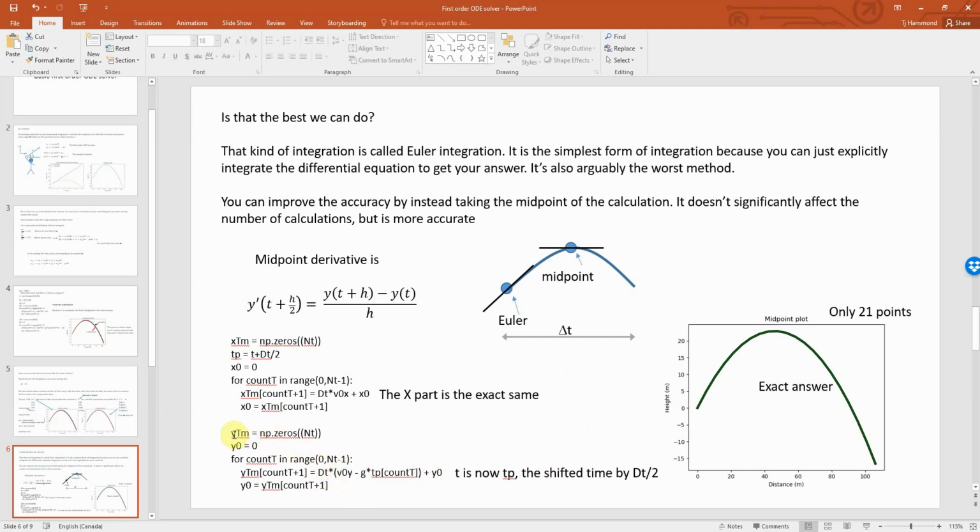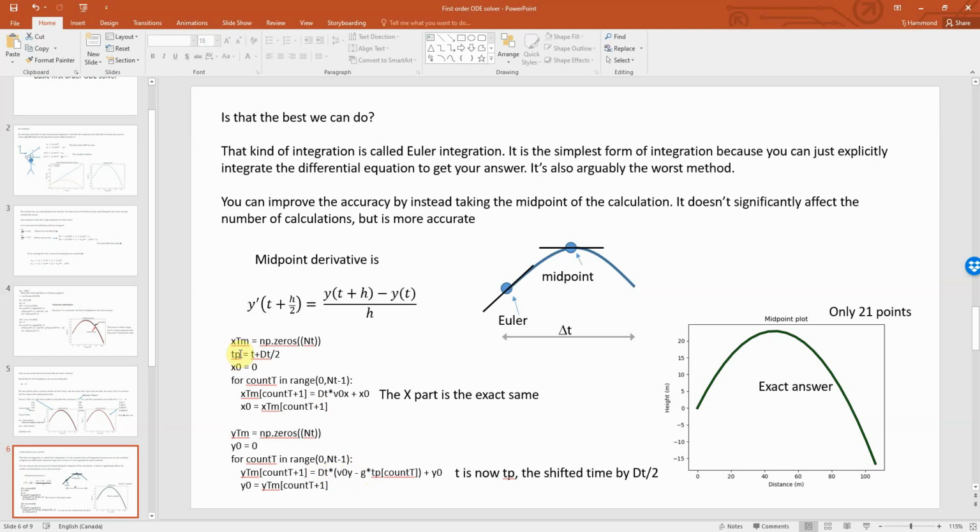So again, for y, we need to clear this array, and then we have this for loop that goes from 0 to nt minus 1. And now what we have is this delta t times this initial velocity in y minus the gravitational acceleration times tp, which is this midpoint.